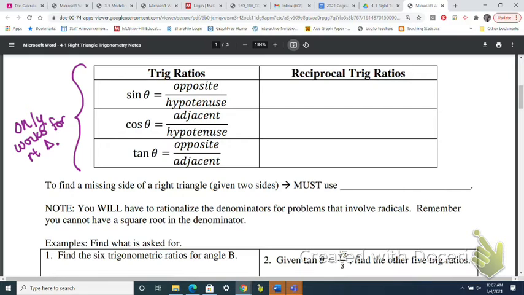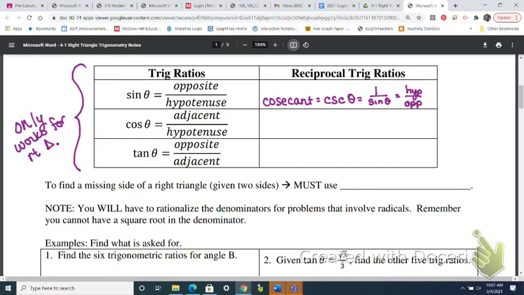Okay, and we'll find out what we need to do later in this lesson, or later in the unit. So the reciprocal of the sine is the cosecant. And this is abbreviated CSC, the csc of theta, and since it's reciprocal, it's simply 1 over sine, which means it's going to be my hypotenuse over my opposite.